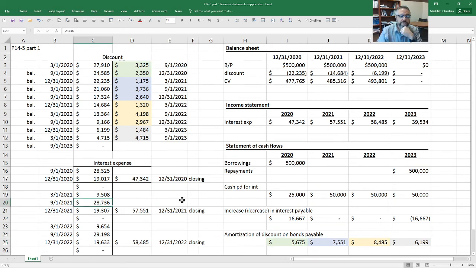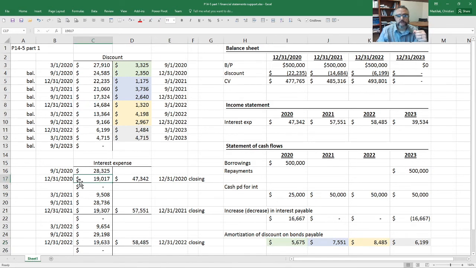So again, take a look at this example. We'll do this one from 2020. On September 1st, 2020, we recorded $28,325 of interest expense for the first 6 months, but we only made a cash payment of $25,000. So that $3,325 is a non-cash expense. So just like depreciation, that non-cash expense gets added back.